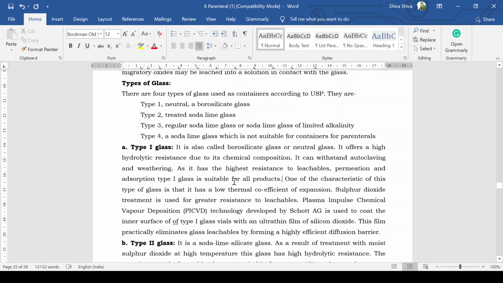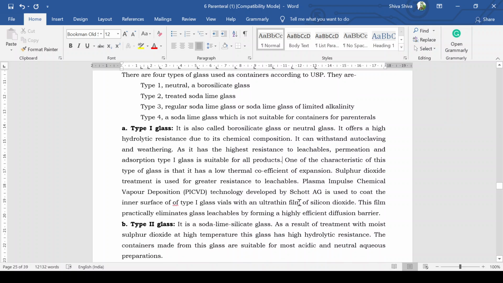One of the characteristics of this glass is that it has a low thermal coefficient of expansion. Sulfur dioxide treatment is used for greater resistance to leachables. So this glass is treated with sulfur dioxide, and as it is treated with sulfur dioxide, the leachable material amount is reduced.